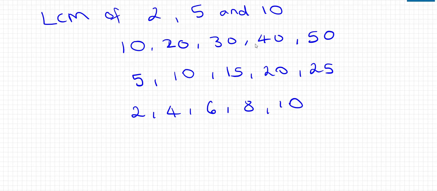Okay, so if I have a look, what are some common multiples that you might see between 10, 5 and 2? I can see one standing out, and that is 10. I can see a 10 here. 10 is a multiple of itself, it's fine, and there is a 10 over here as well. Okay, so we can see a common multiple between 10, 5 and 2 is 10, and that is the lowest one.